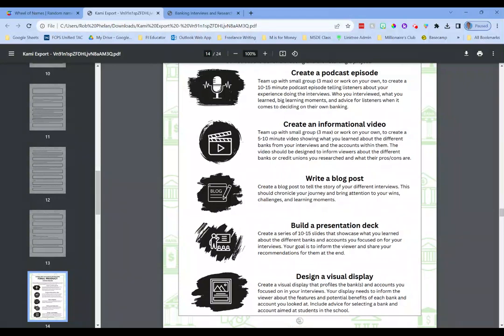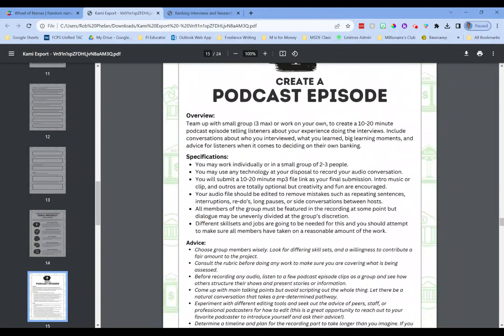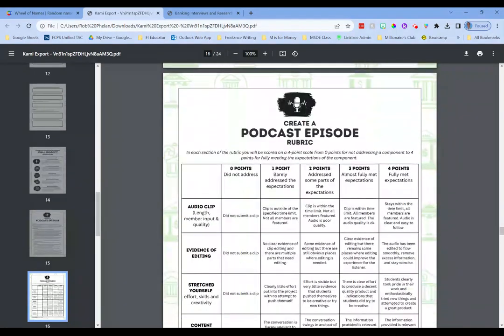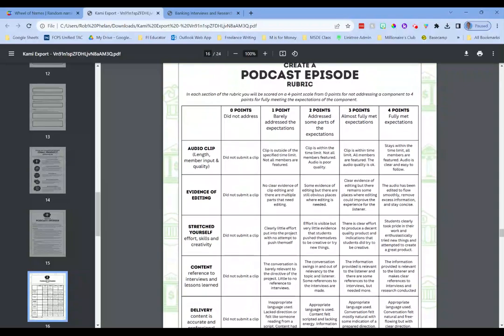What you choose to do with the final product is up to you. I love the idea of a gallery walk for the rest of the school, where they come to your classroom or a location and see all of the students' final products and learn about banks and bank accounts from that experience. Each one comes with an explanation sheet for what the student would need and a rubric you can use for grading it.